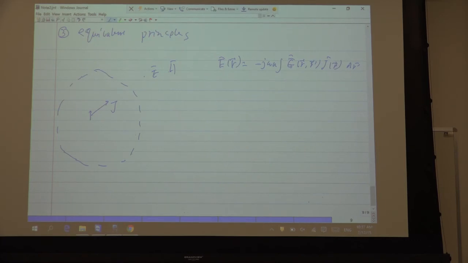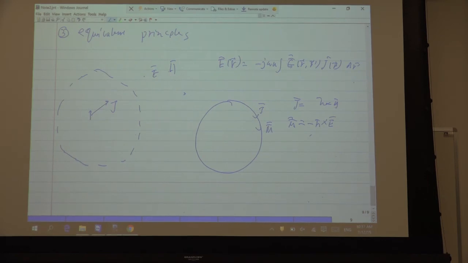The equivalent principle says it's not necessary to do that. You just measure the equivalent current J and the equivalent current M along this surface. The J here equals n cross H, and the M here equals minus n cross E. If we know these equivalent currents, we can know the field outside everywhere.